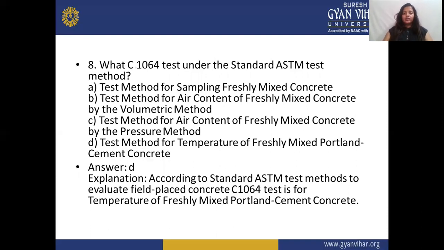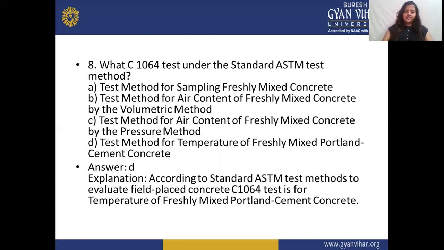What is the C1064 test under the standard ASTM method? These are some of the most important and most crucial tests which we perform. The options are: test method for sampling freshly mixed concrete; B, test method for air content of freshly mixed concrete by the volumetric method; third, test method for air content of freshly mixed concrete by the pressure method; and the fourth is test method for temperature of freshly mixed Portland cement concrete.